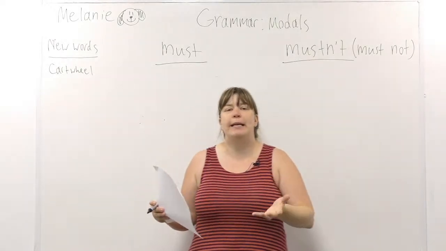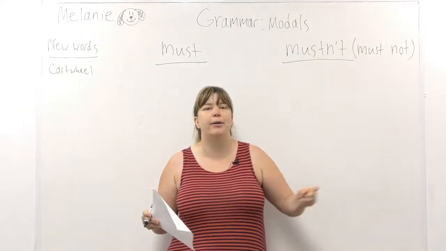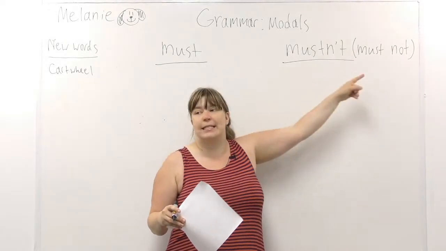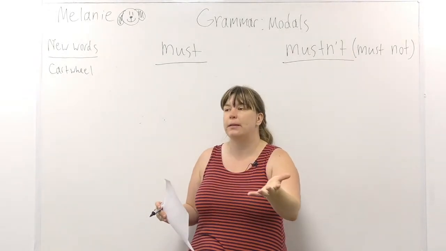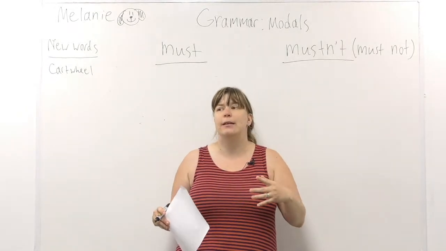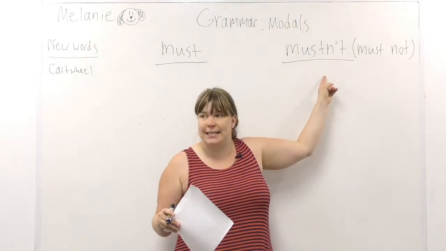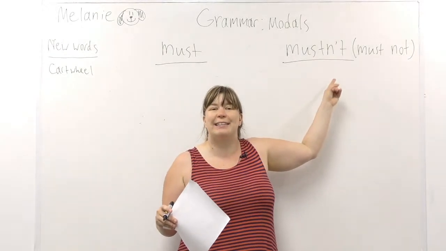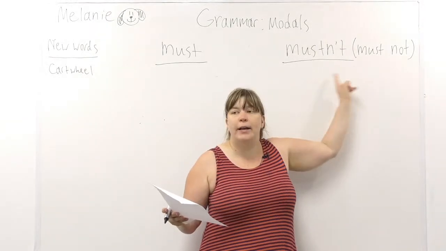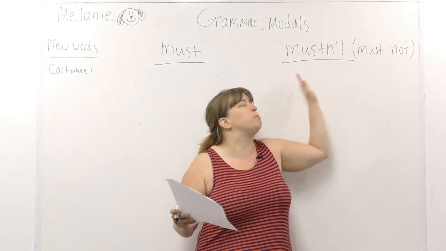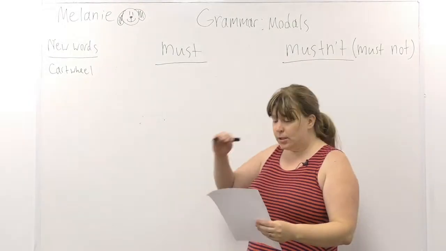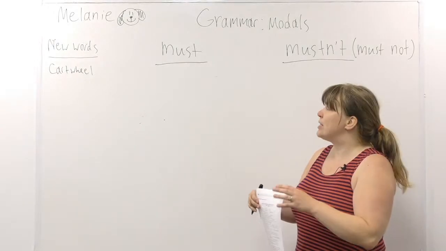Now, when you're speaking or writing, it doesn't matter if you use must not or mustn't. It's totally up to you. But for the sake of this week's grammar lesson, try using mustn't as much as you can. But outside of this lesson, not a huge deal if you switch between these two. They're both A-okay.